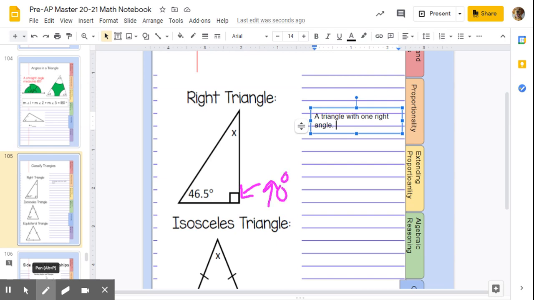So if I went to solve this one and I want to figure out this missing angle right here, I'm going to do 90 plus 46.5 plus x is equal to 180, our magic number for triangles. So the first thing I'm going to do is add 90 and 46.5, which is 136.5.